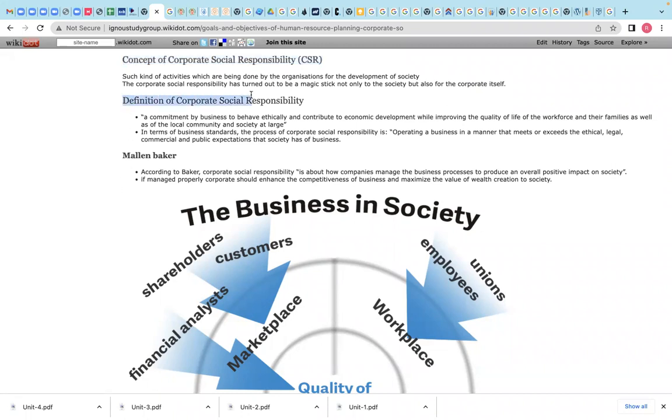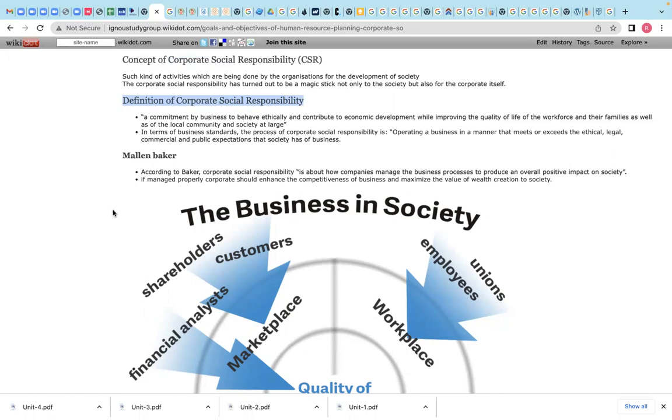There are multiple definitions to it, right? A commitment by business to behave ethically and contribute to the economic development while improving the quality of life of the workforce and their employees, as well as the local community.